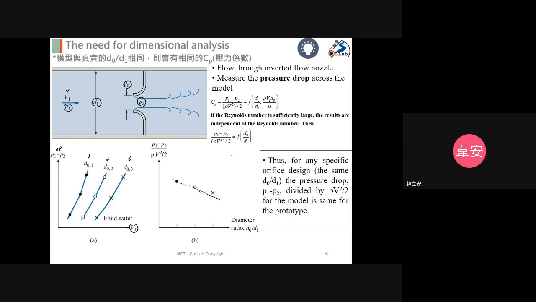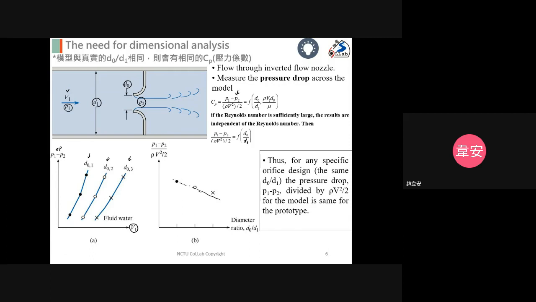So we know that the pressure difference divided by the kinetic energy is a function of the diameter ratio. Okay, this is a dimensionless coefficient.